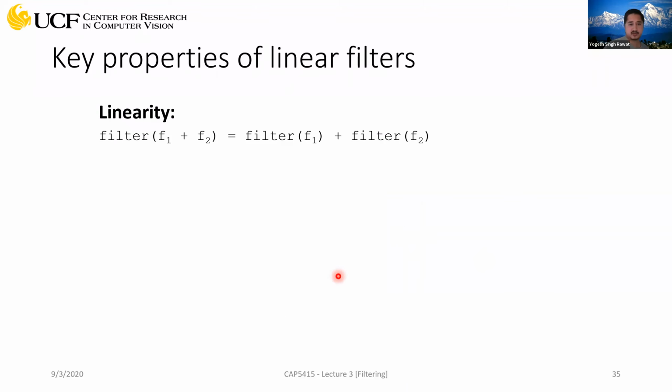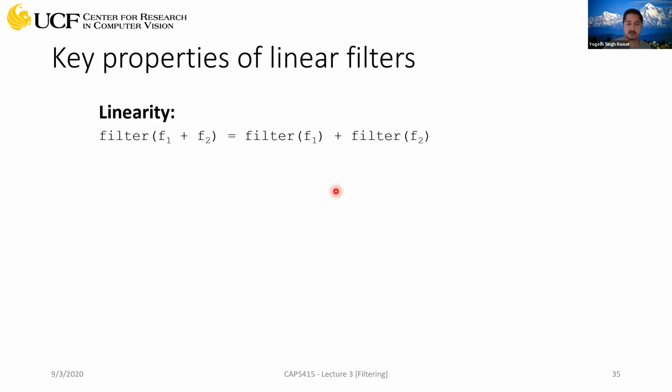Now, some key properties of linear filters. If you have two filters, and we can separate them as two matrices, like we did for the sharpening filter, where we had two matrices, right? You can replace this plus with a negative sign as well. And if you apply those filters separately, the resultant values will be similar.